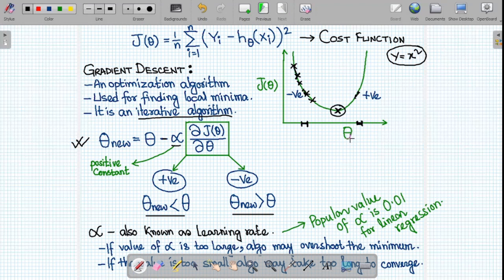Now, let's check the other condition. For example, your derivative part is giving a positive result. That means this side. You have chosen initial theta randomly somewhere here. If slope of j theta is positive, your theta new will always be smaller than the theta. That means initially your theta was here, your theta new will be smaller than the theta. Hence, it will come this side.